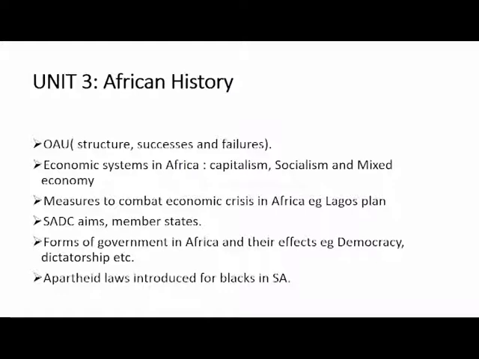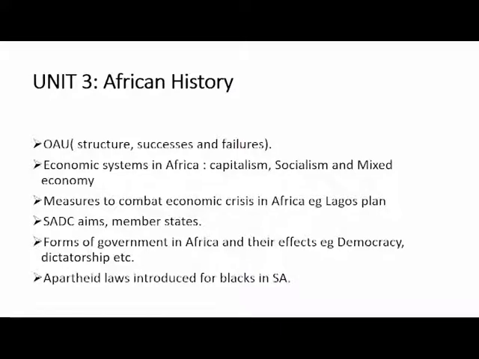You will not be able to know about this Lagos Plan if you do not know what economic crisis is all about. So for you to know these measures to combat, which means to overcome, you should first know what this economic crisis is all about.